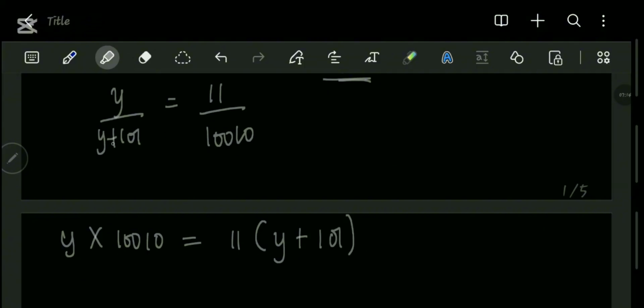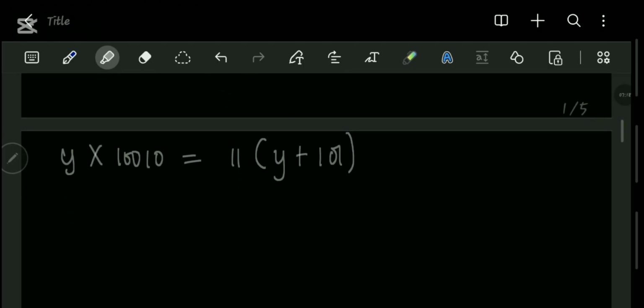So 11 multiplies this, and then y multiplies that. So from here we can decide to expand the bracket, right?